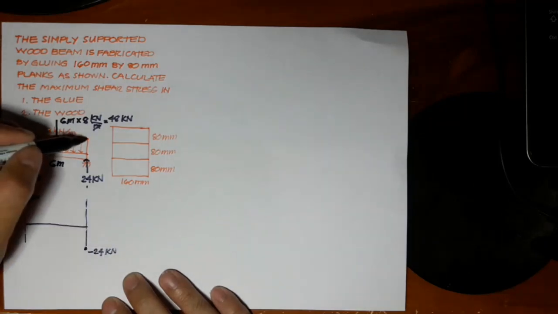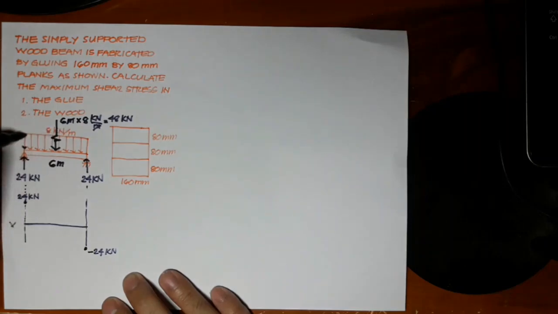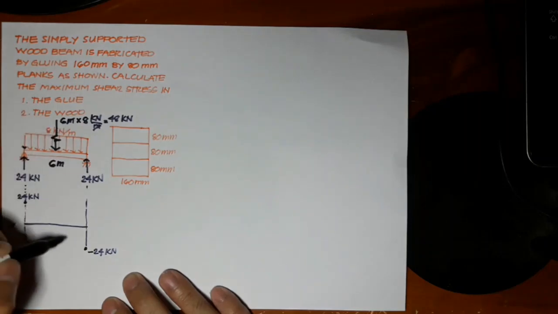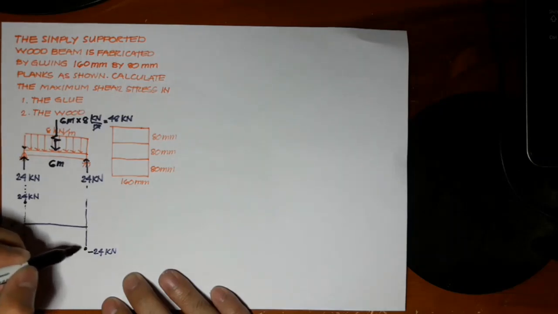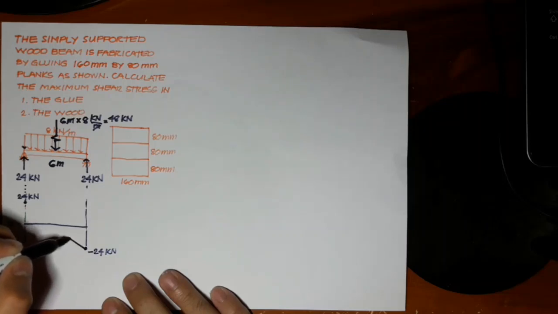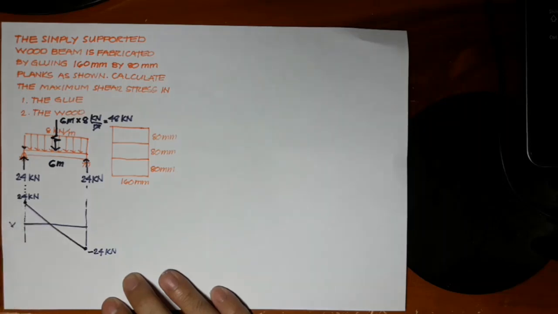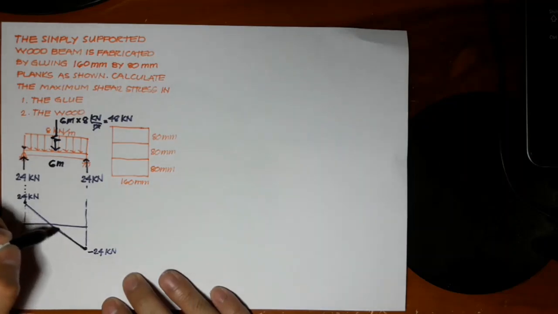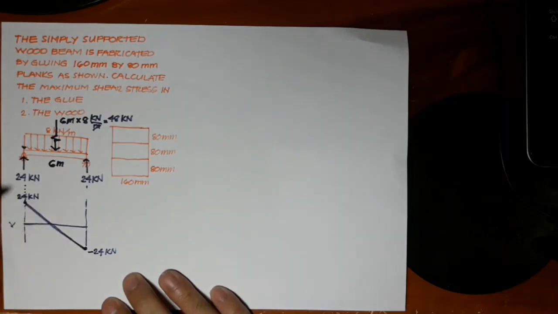The load diagram is zero degree, therefore the shear diagram is first degree, meaning a straight line with a slope. So you just have to connect the two values with a straight line. And this is now your shear diagram.